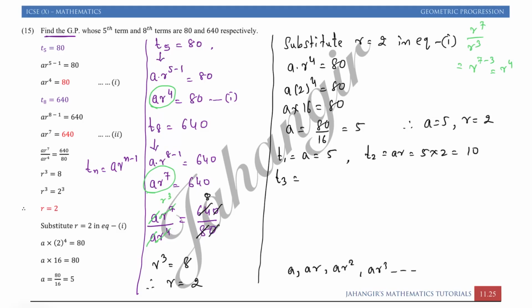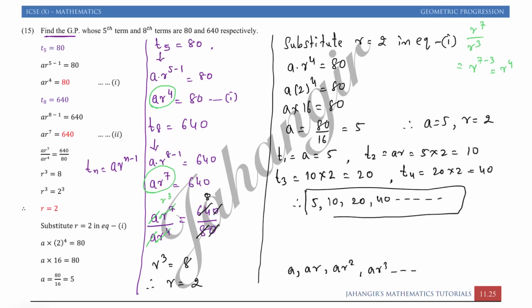Third term is 10 into again r, that is 20. Fourth term is 20 into 2, that is 40. So therefore our terms are 5, 10, 20, 40, and so on. So this is my GP.